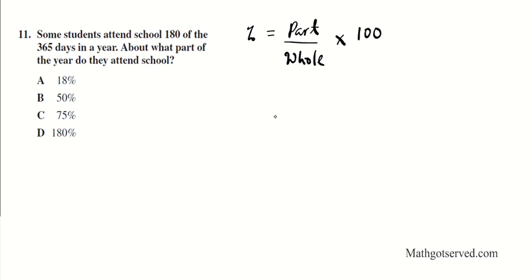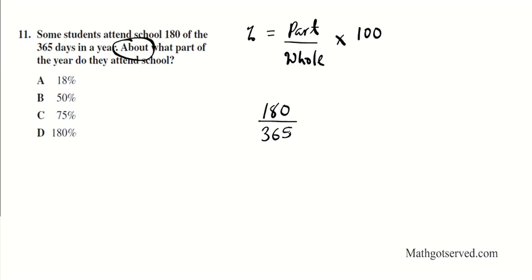So the part is basically 180 over the whole, which is 365. You notice 180 doesn't go into 365 evenly, so they said about what? So we're going to be making an approximation here. What is a good approximation?